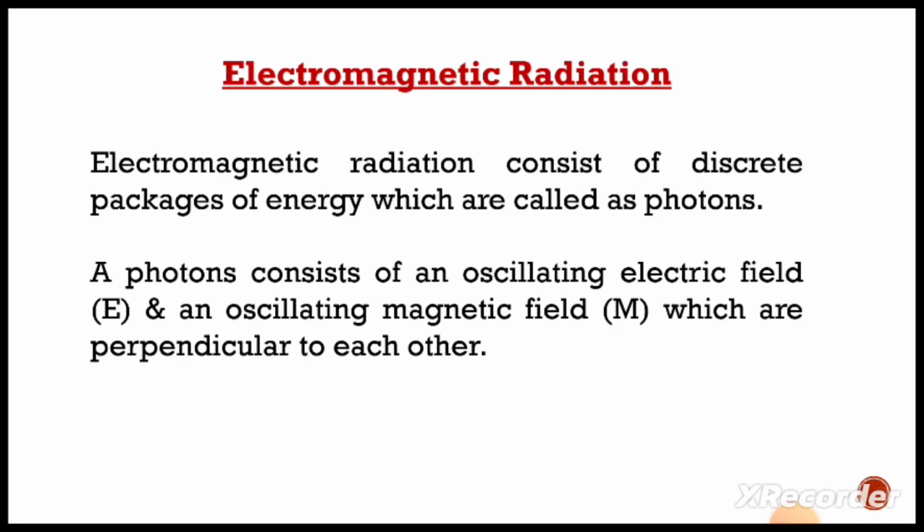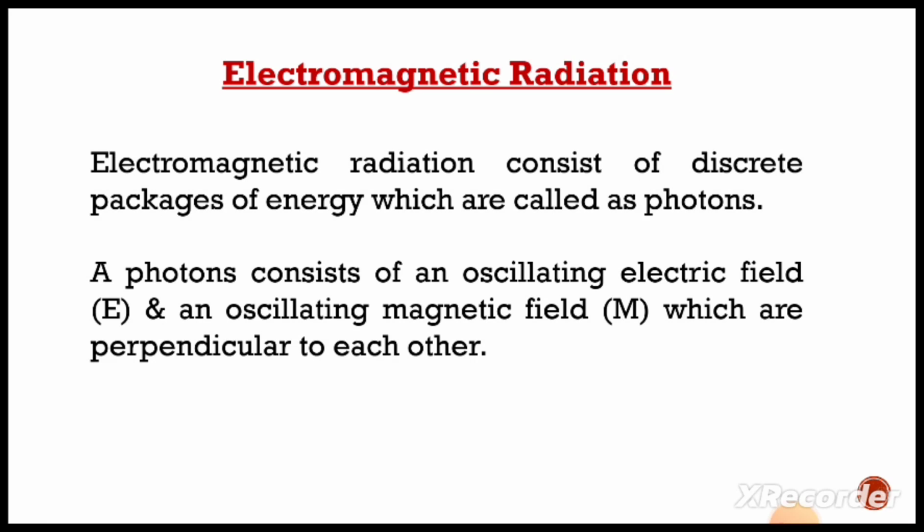Now I talk about electromagnetic radiation. So what is electromagnetic radiation? Electromagnetic radiation consists of discrete packages of energy which are called photons.